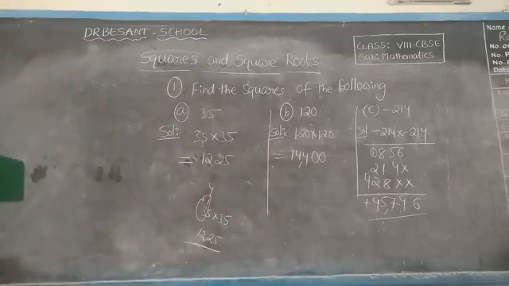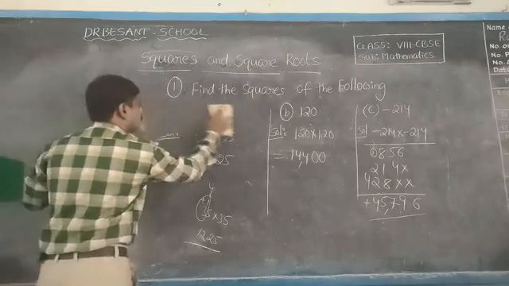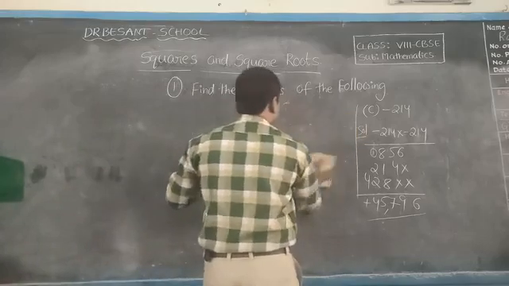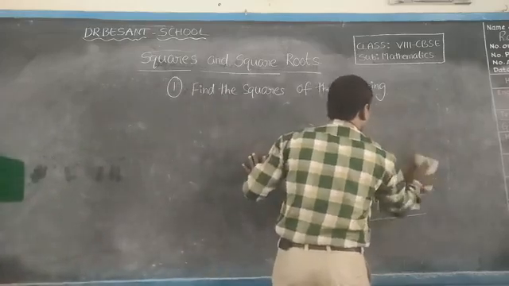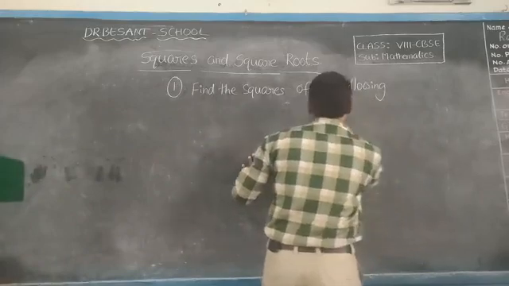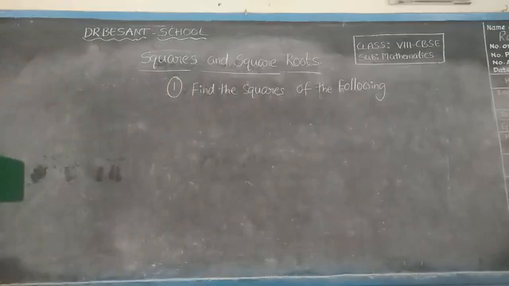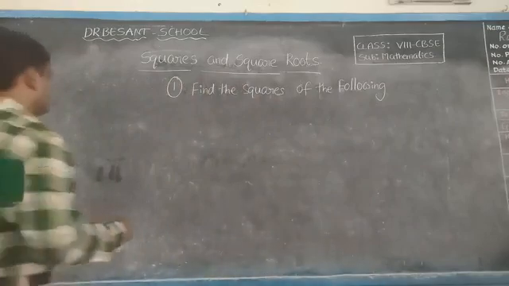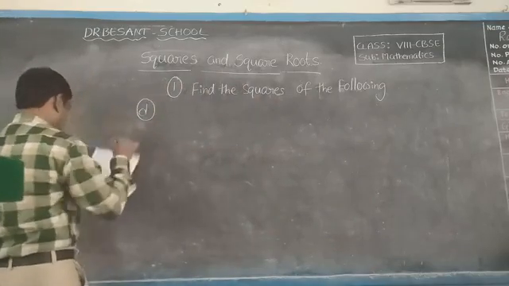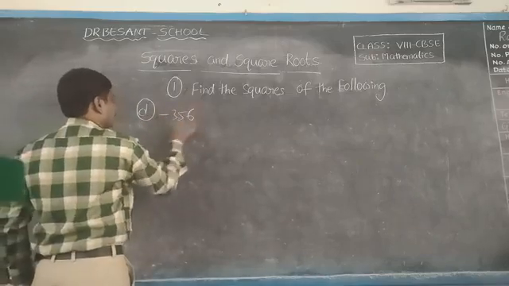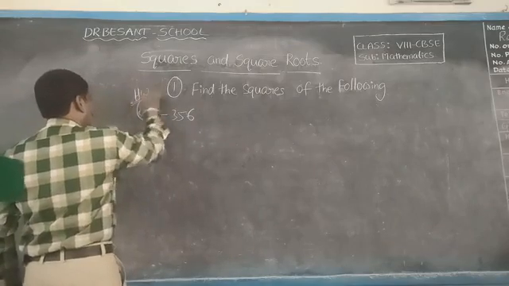Next to D. Once you see problem D, minus 356, this one do as homework.